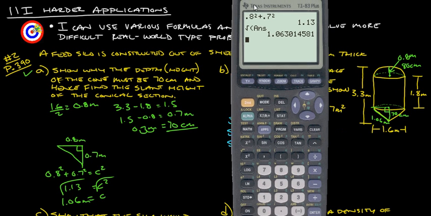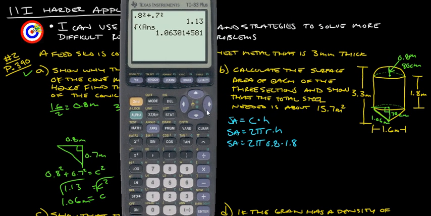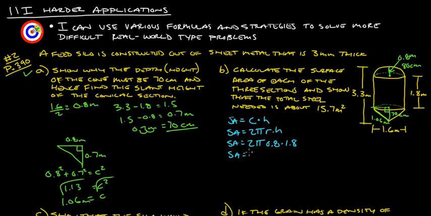So bring out our handy dandy calculator again, and let's see what we get. 2 times pi times 0.8 times 1.8 gives us 9.05. Let's go with 9.05, and this is all in meters squared, so that's just for this part of the can here.